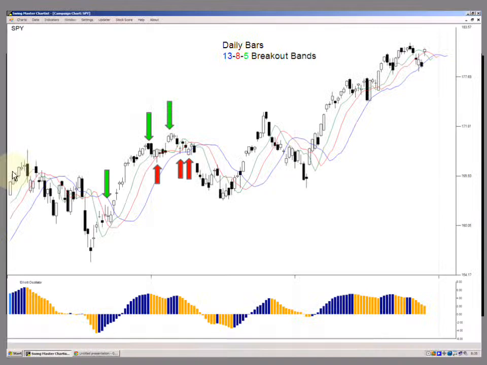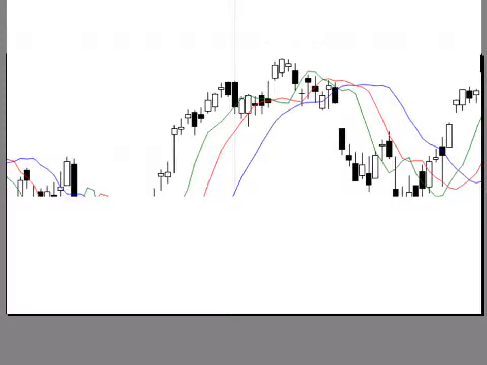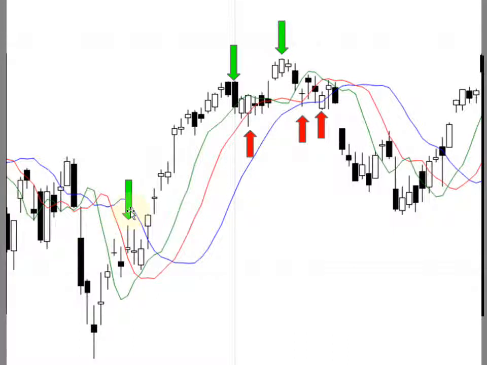This is an example of a SPY daily chart with bullish and bearish breakout bars marked by the green and red arrows. And if we do a close-up, we can see that in this first example, the green arrow, it's a bullish breakout bar because the high of the two bars immediately preceding it and the two bars immediately following it are lower.